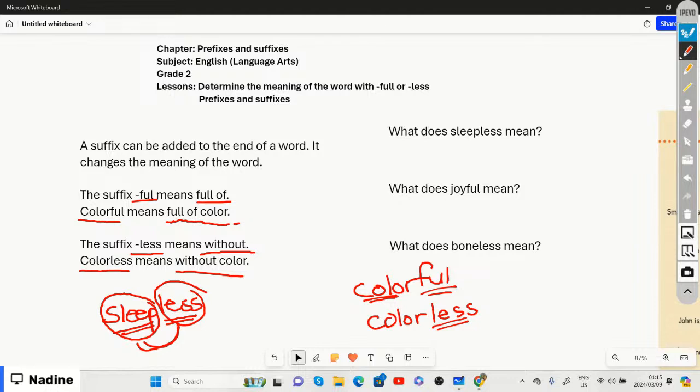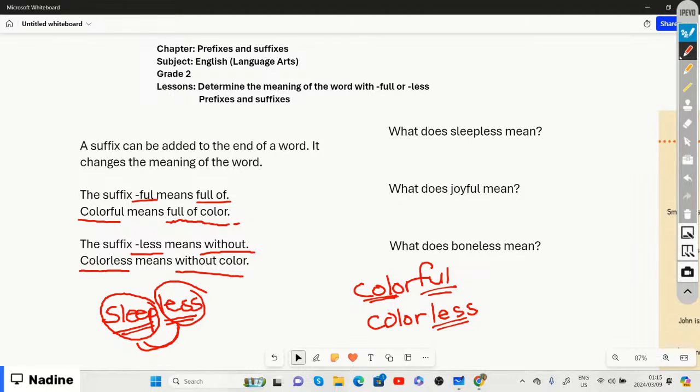Yes, the base word is the same as a root word. You can either call it a root word or a base word. You can actually choose which one you want to mention.